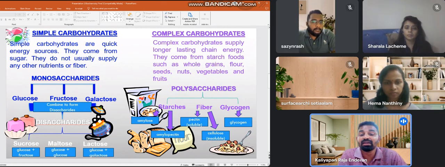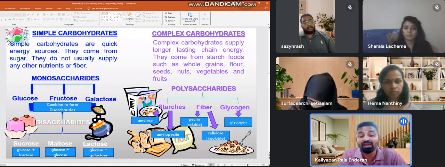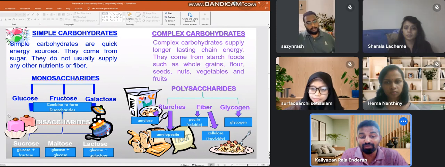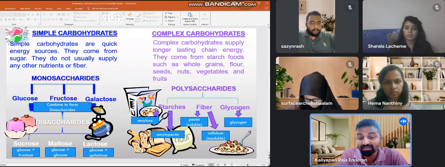Complex carbohydrates supply longer lasting energy. They come from foods such as whole grain, flour, seed, nut, vegetable, and fruit. Polysaccharides come from plants. These are starches, fiber, and glycogen. Okay, starch is amylose and also amylopectin.